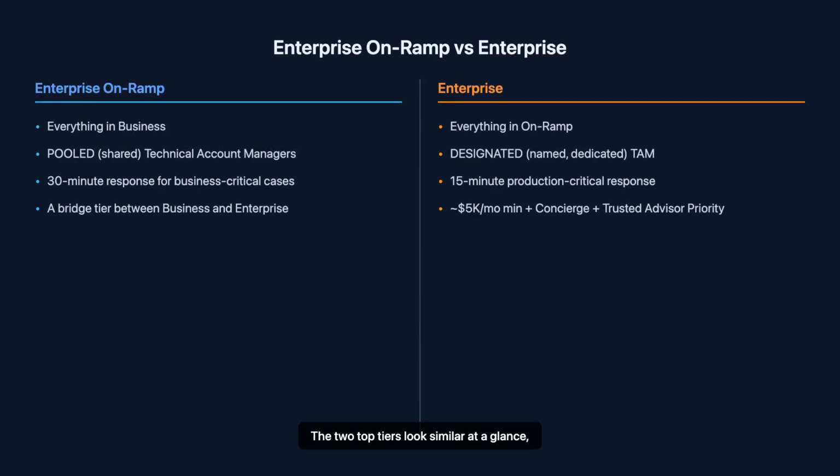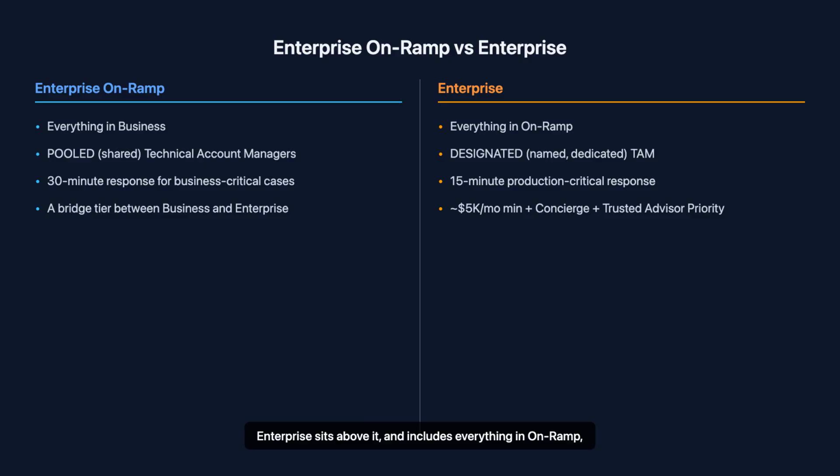The 2 top tiers look similar at a glance, so let's separate them carefully. Enterprise on-ramp includes everything in business, then adds 2 things: a pooled set of technical account managers, meaning a shared team, not one named person, and a 30-minute response for business-critical cases. It's a bridge tier.